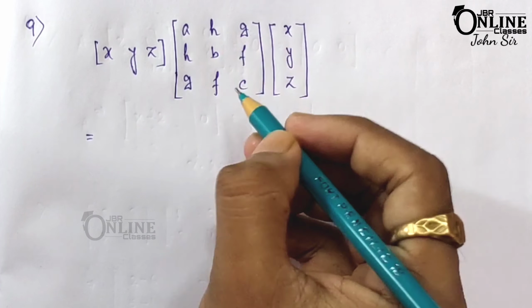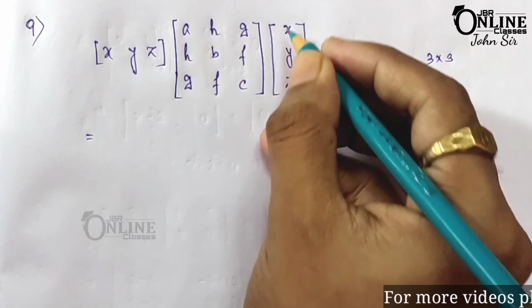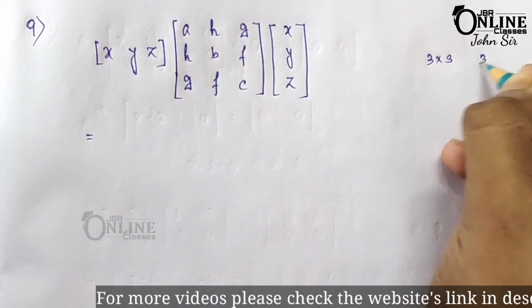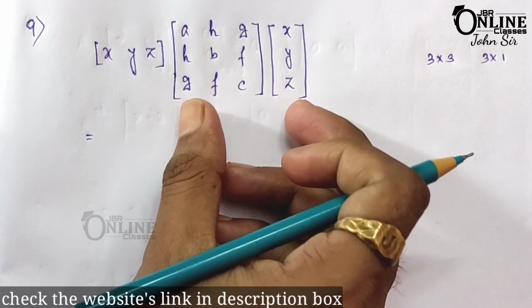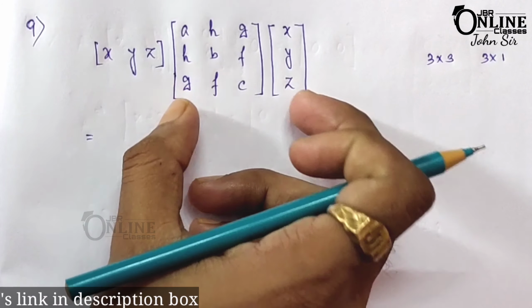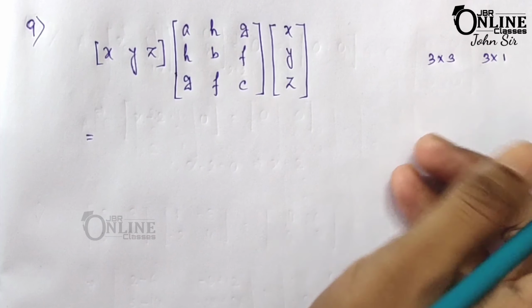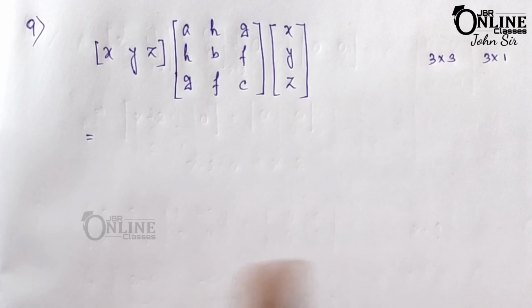Here the order of that matrix is 3 cross 3, and here the order of the matrix is 3 rows and 1 column, so 3 cross 1. That means the order of the product matrix would be 3 cross 1, that is 3 rows and 1 column.